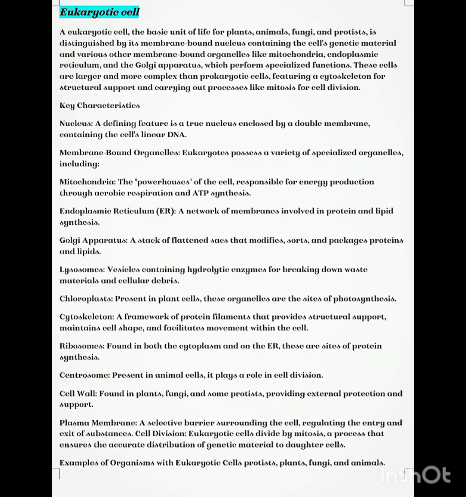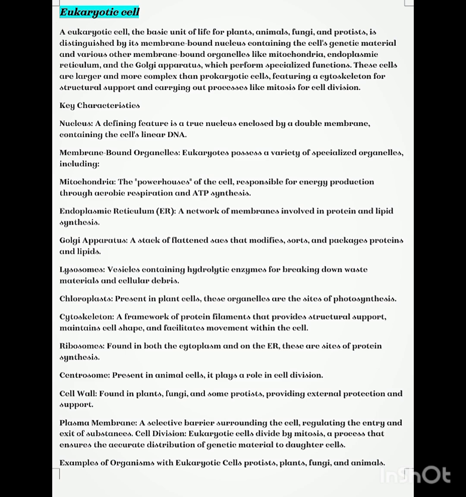Cell wall. Found in plants, fungi, and some protists, providing external protection and support. Plasma membrane. A selective barrier surrounding the cell, regulating the entry and exit of substances. Cell division. Eukaryotic cells divide by mitosis, a process that ensures the accurate distribution of genetic material to daughter cells.